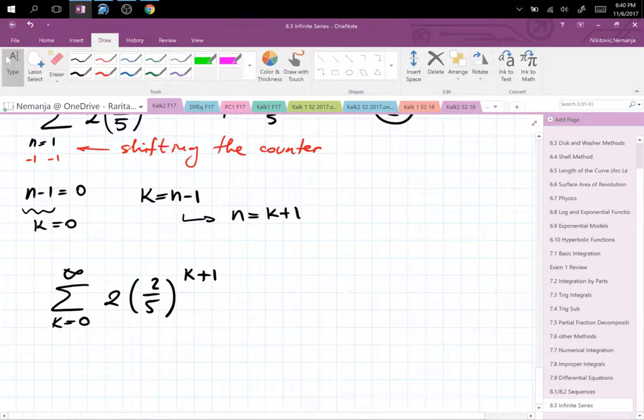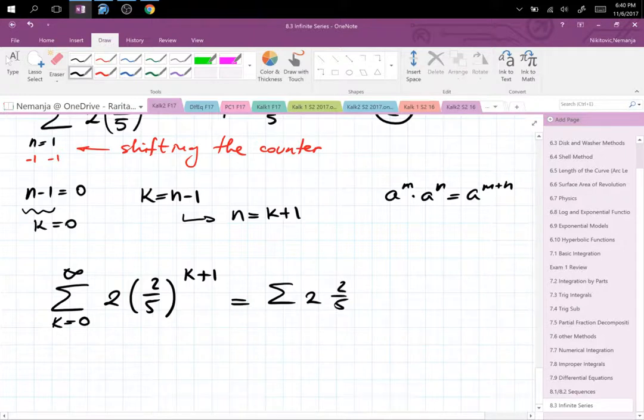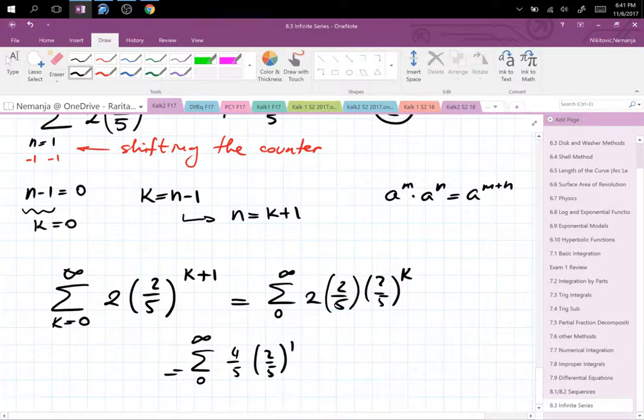But luckily, we can use the basic algebraic idea, where I can break them apart as a multiplication. So this is where I get my extra 2/5. And now you see that the series turns into the series from 0 to infinity of 4/5 times 2/5 to the k.